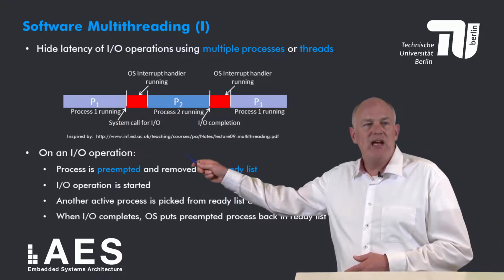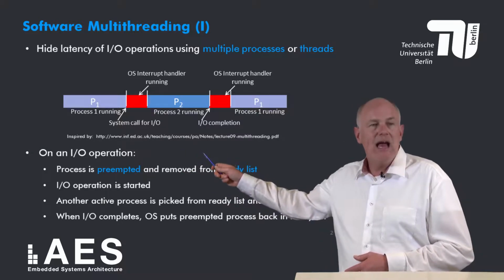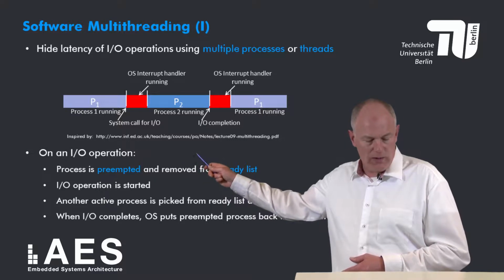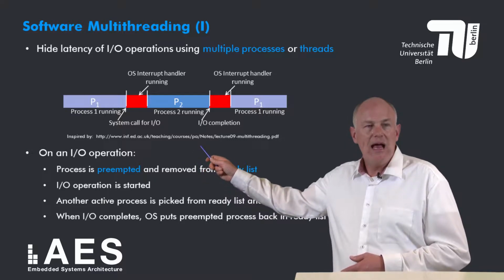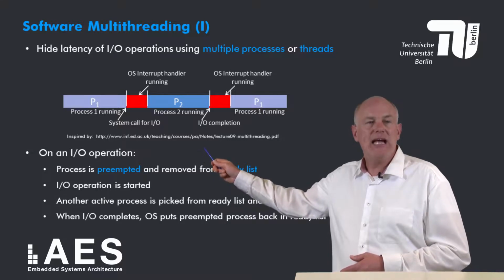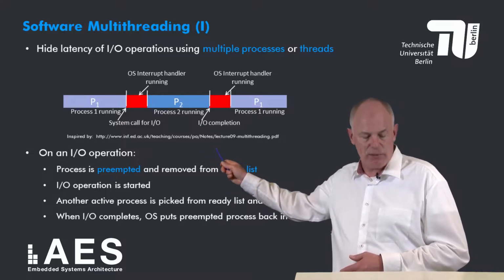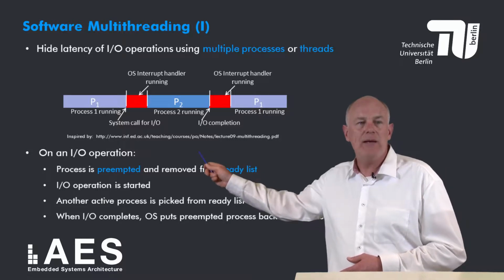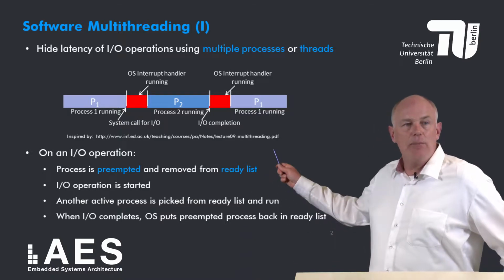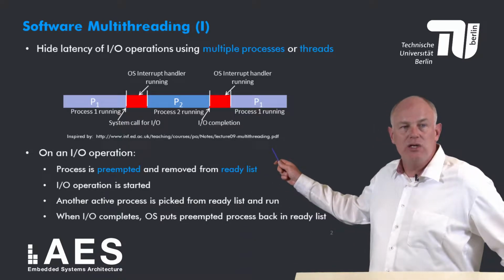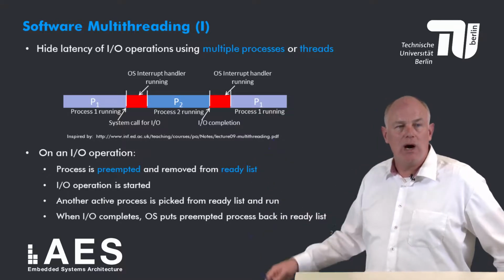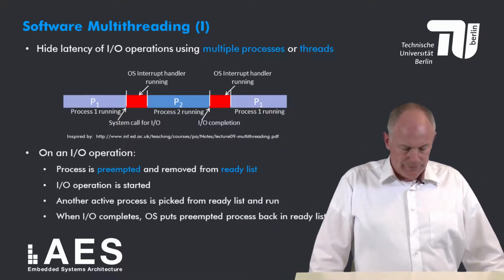On the left we see that process P1 is running and then it performs a system call for input-output. At that time the operating system is running for some time and schedules another process, in this case process P2, which can then make use of the processor cycles. And hopefully by the time the processor executes P1 again, the I/O has been completed, so process P1 can continue.